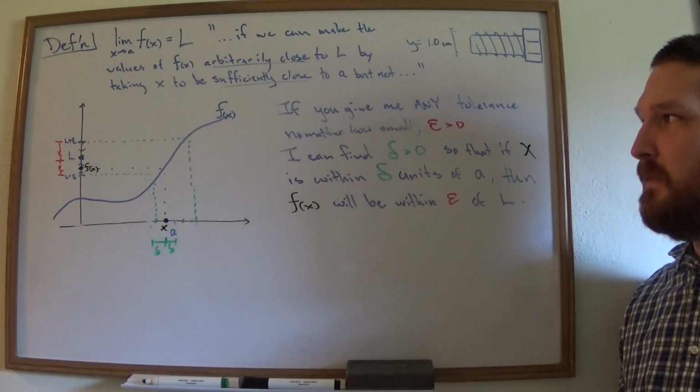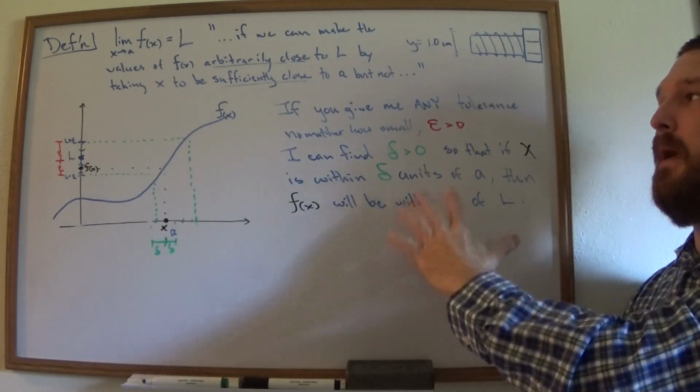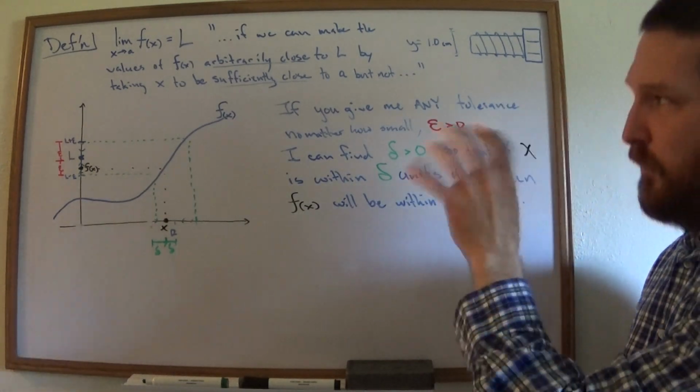Any questions about this before I go on? Because this is just the regular parlance of saying it, and what I'm about to do is erase this and put the formal definition.